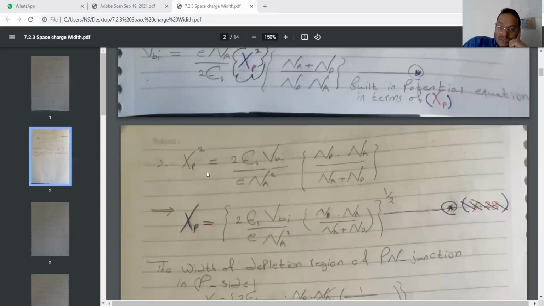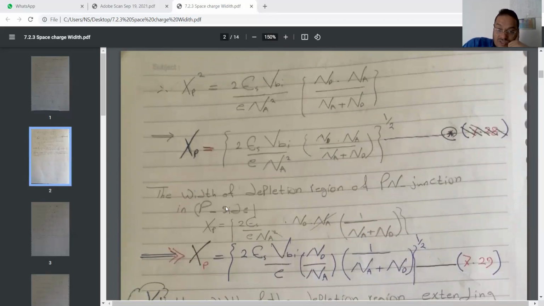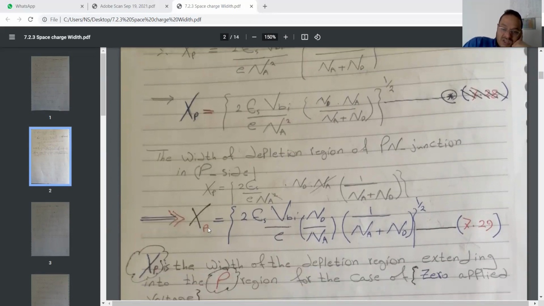Here, by using the root, 2 XP, the width in the P region, this very important equation to us, equals, after modifying all that, here we will take the donor concentration and acceptor concentration outside, like common factors, outside the bracket, and after that we can delete the square of the acceptor concentration to get the general equation for the width in the P region, like that: 2 times the permittivity times the built-in barrier potential divided by the electron charge, between two brackets, donor concentration divided by acceptor concentration, times 1 divided by the acceptor concentration plus the donor concentration, all these brackets to the root.